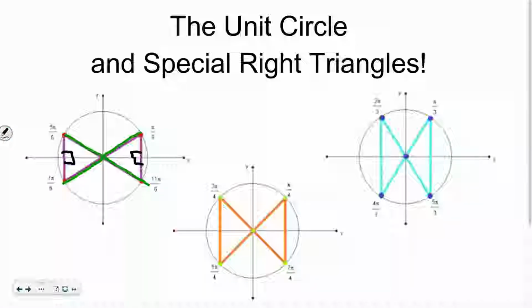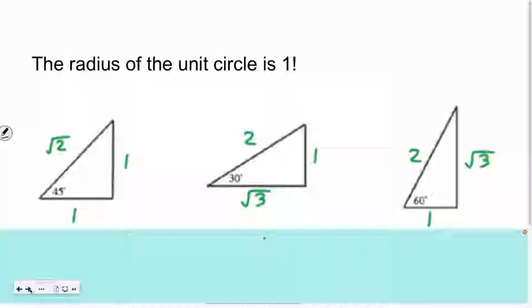And we're going to have an issue because if it's on the unit circle, the radius is supposed to be 1. And right now, with the 3 special right triangles that you know from geometry that I had you write down yesterday, those don't have hypotenuse of 1.